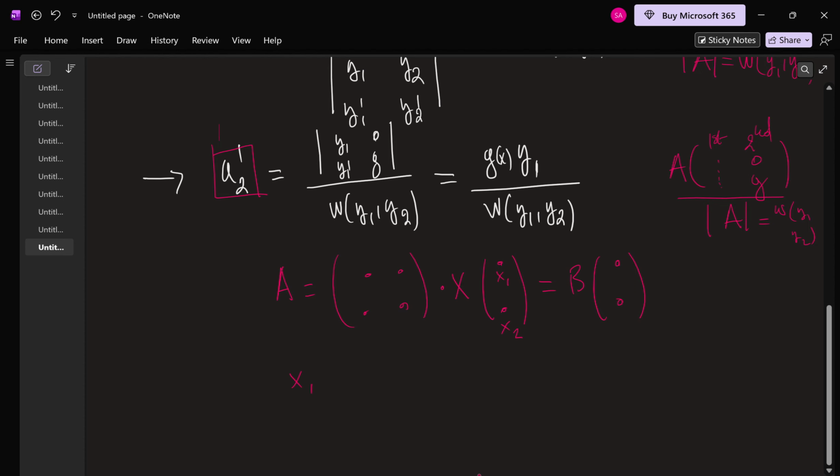So x1 using Cramer's rule is the matrix A, but in the first column we put B, and we let the second column stay as it is, over the determinant of A. And x2 would be the matrix A, but we let the first column stay as it is, and we change the second column, we put B, and we divide by the determinant of A. And this is called Cramer's rule.